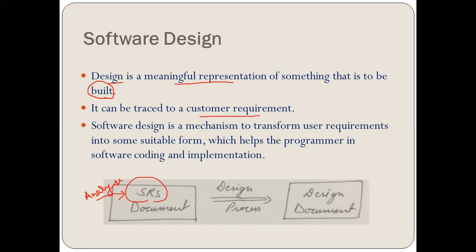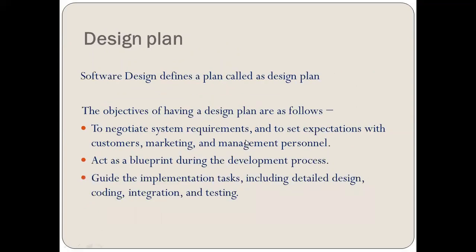So SRS is the software requirement specification, which is based on the customer requirements, which is documented according to the requirements which are needed by the customer. So software design is a mechanism to transform user requirements or customer requirements into some suitable form, which helps the programmer in software coding and implementation. So this is how the design is prepared.